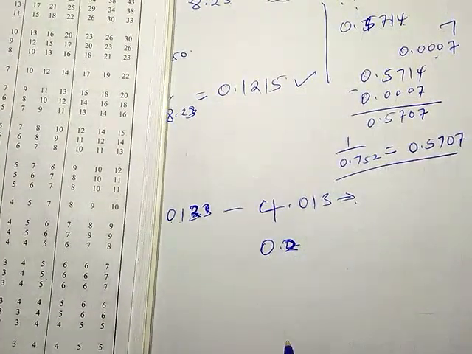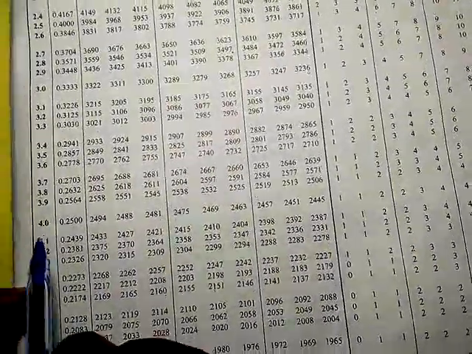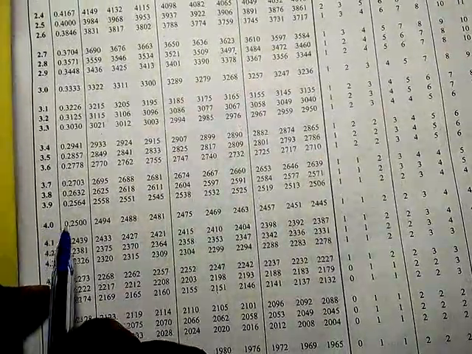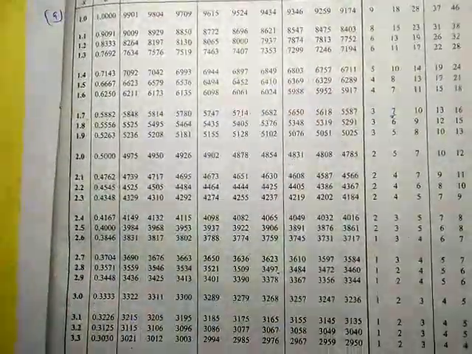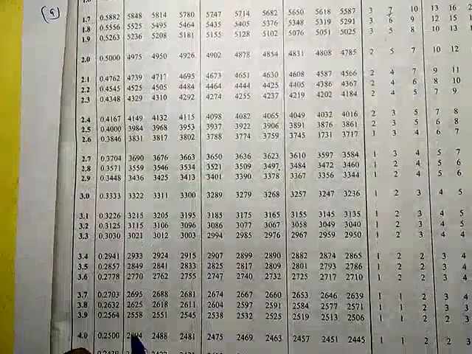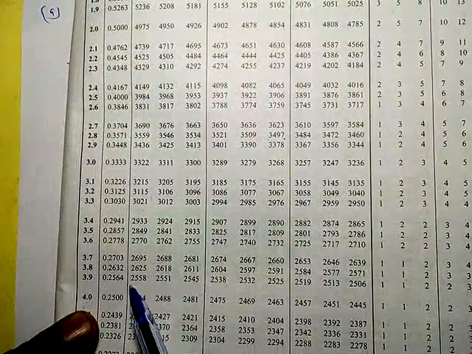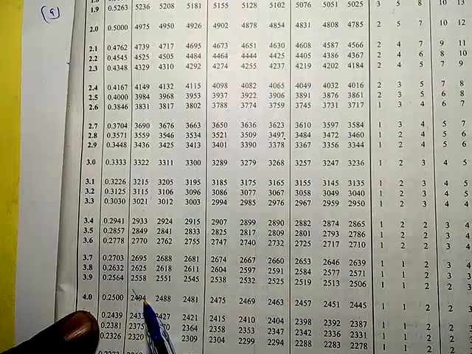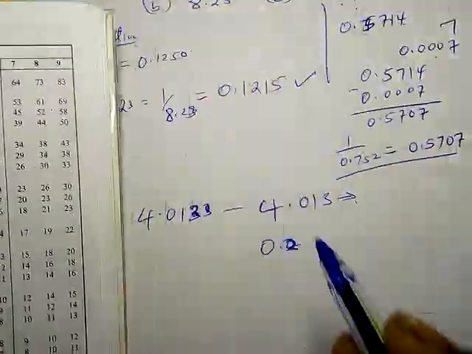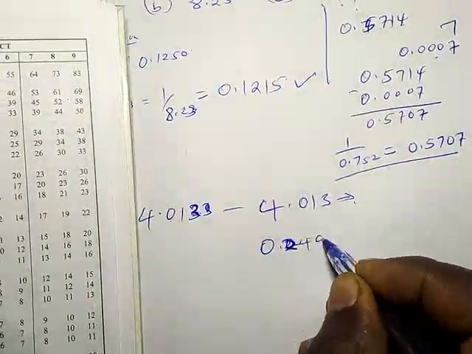Which one am I looking for? You are looking for 4.01. Where is our 1? Is here. 1, the first column. So 4.01. We have 0.2494.